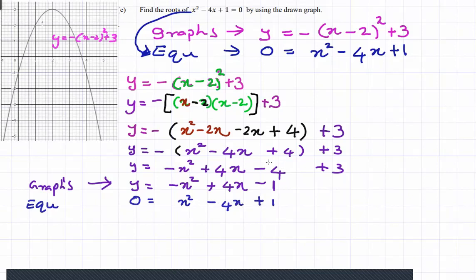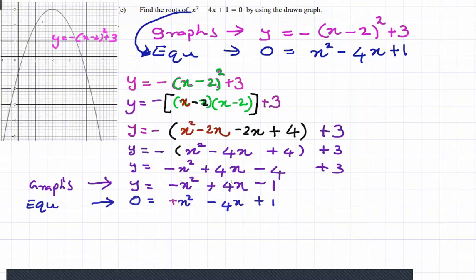So the graph's equation and the equation we are supposed to solve look almost the same, right? But there's a difference. What is it? With regards to the sign. In the graph's equation, what's in front of x squared? It's minus. But in the equation we are supposed to solve, there's no sign to be seen, but we know when there's no sign, it is plus.